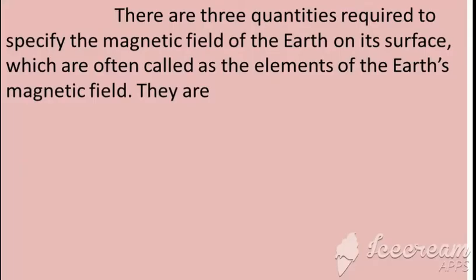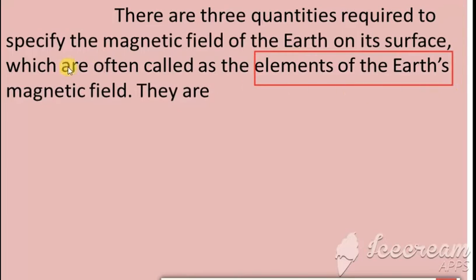There are three quantities which are used to specify the magnetic field. Those quantities are called the elements of the Earth's magnetic field, the basic elements.